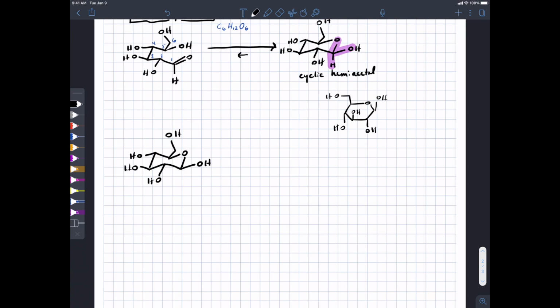So what would happen is that the enzyme would catalyze turning this OH into a good leaving group. It's not a good leaving group now, but it could be if we protonate it.